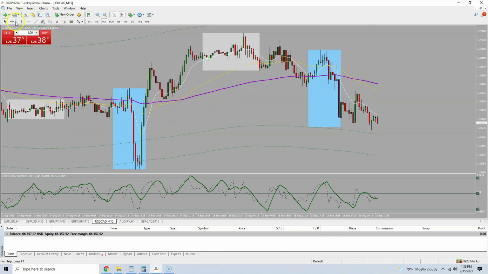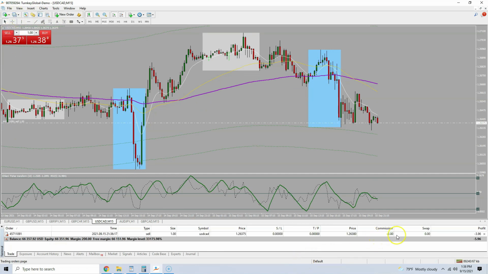I'm going to show you what I mean. I'm about to just put a sell in. Boom, I sell it. I immediately go into the negative about $6. The reason why is because, remember, this is a 71% pip value. So instead of being $10 per pip, it is about $7 and some change. And so that threw me into the negative immediately. That's a spread. That's how the broker makes their money.